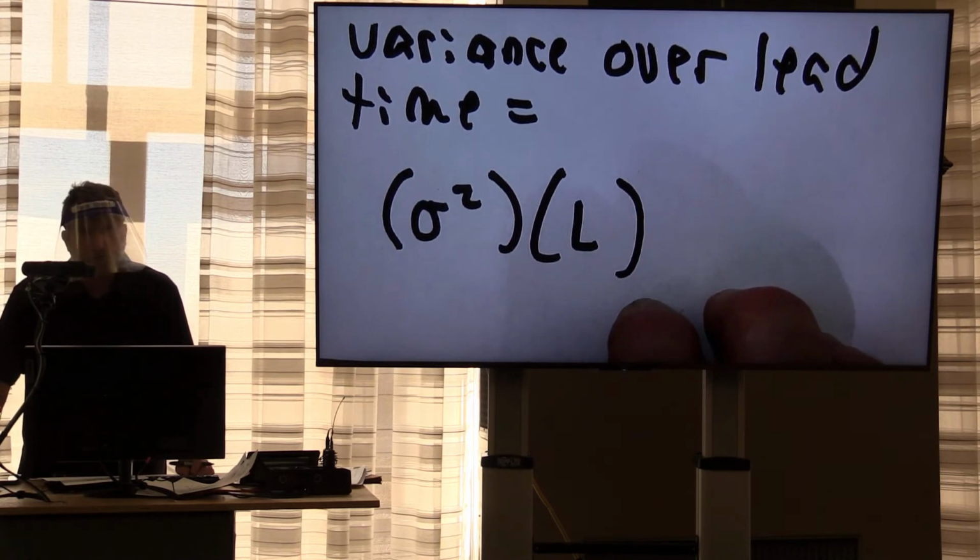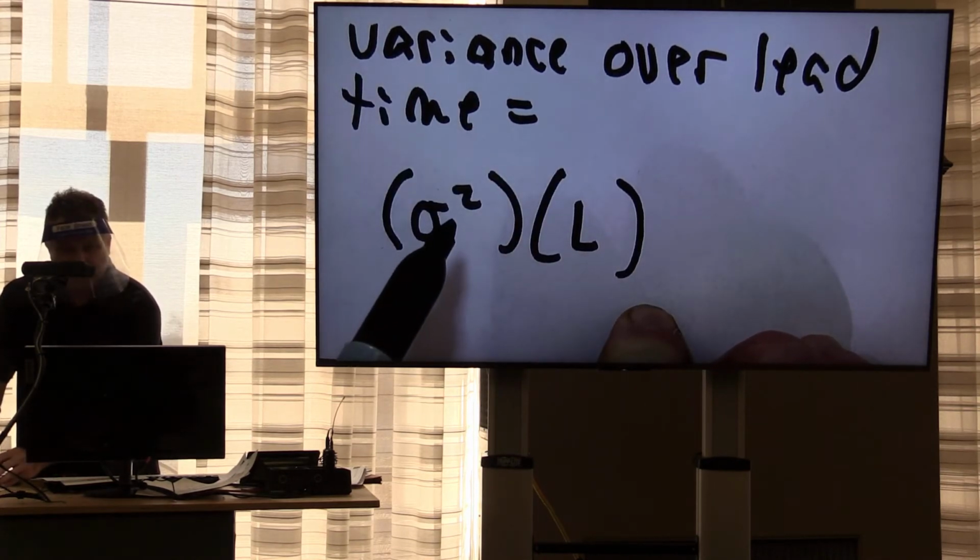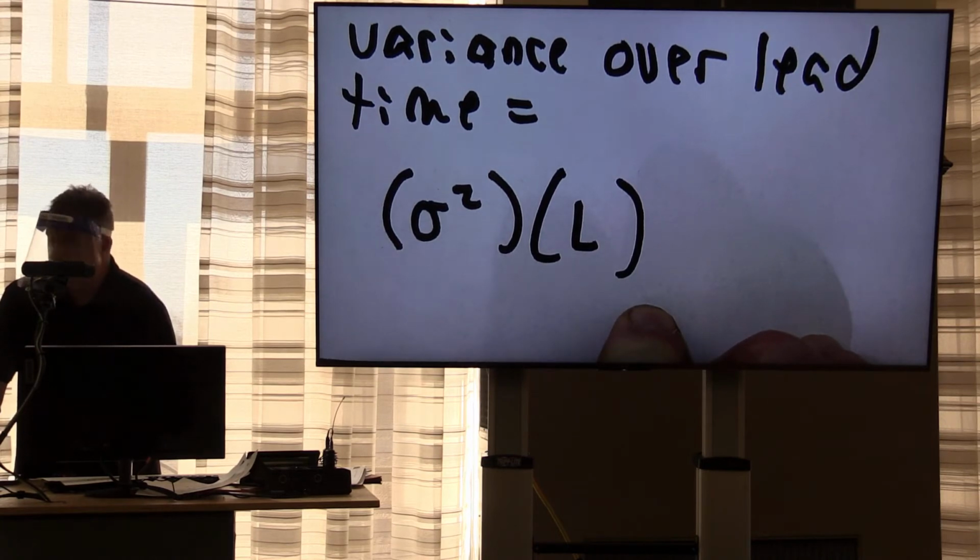And when we take the square root of that variance over lead time, that too is going to go away, but we're going to have a square root of L.